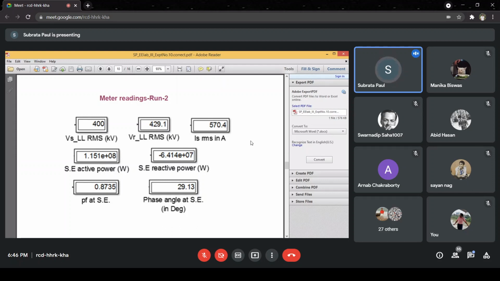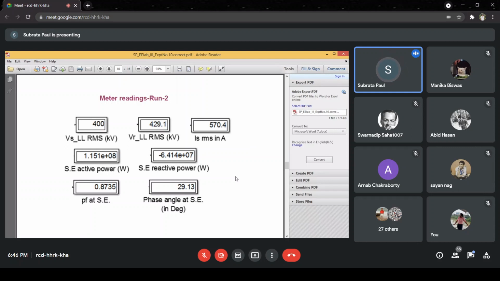In power system parlance, reactive power is considered as inductive reactive power. VAR is considered as inductive power. Positive VAR is inductive VAR, negative VAR is capacitive VAR. That means the sending end here is absorbing VAR or delivering capacitive VAR.